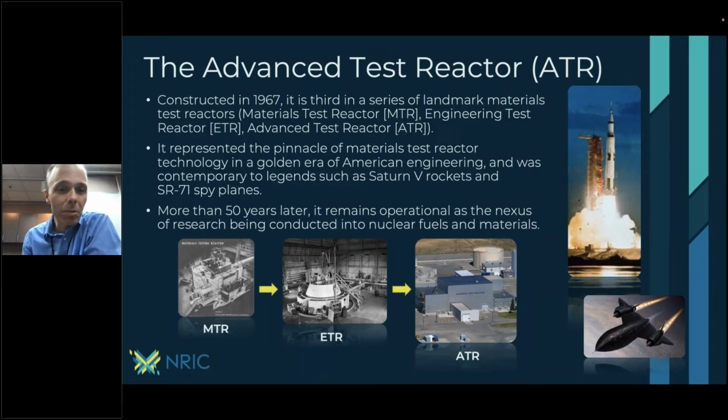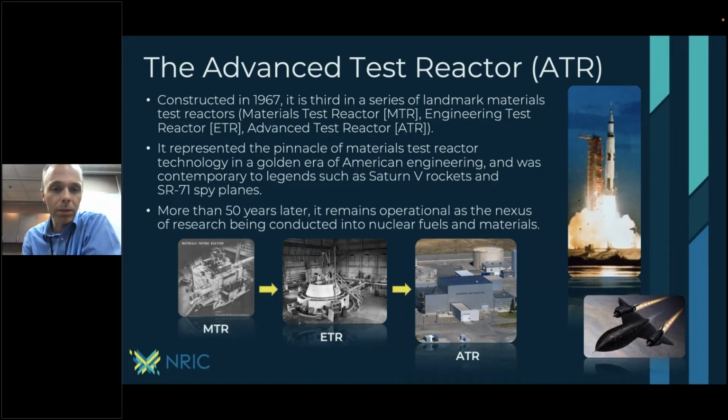So the Advanced Test Reactor was constructed in 1967. I like to say that it's a third generation of 3 landmark material test reactors: the material test reactor, the MTR, the engineering test reactor, ETR, and then finally the advanced test reactor, ATR. So ATR is kind of like MTR's grandson, I guess, and it shows in the design.